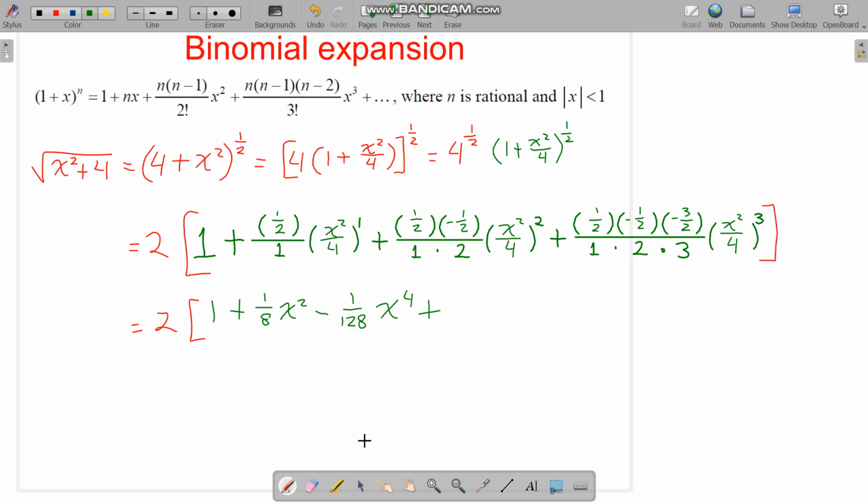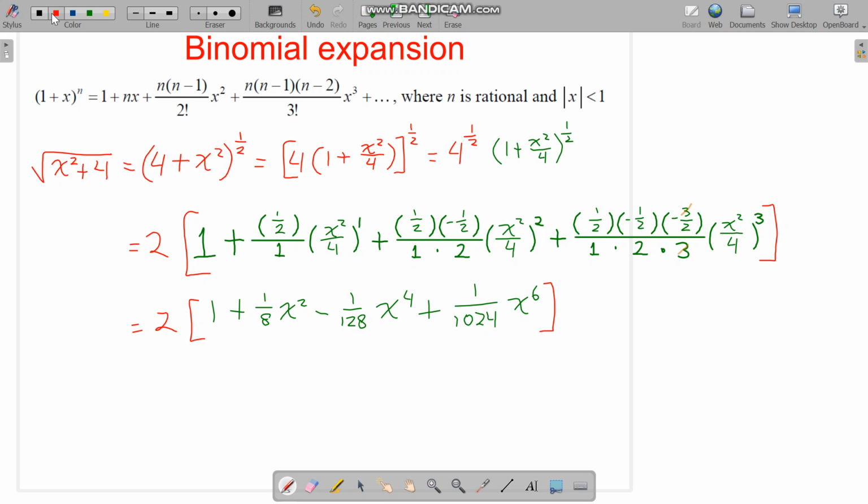Plus, we can cancel out the 3 here, so we have 2 to the power of 4, 16, 4 to the power of 3, that's 64, 64 times 16 is 1024. So plus 1 over 1024 x to the power of 6.